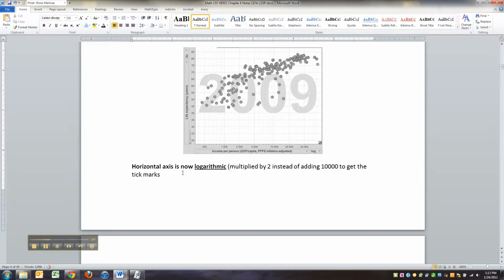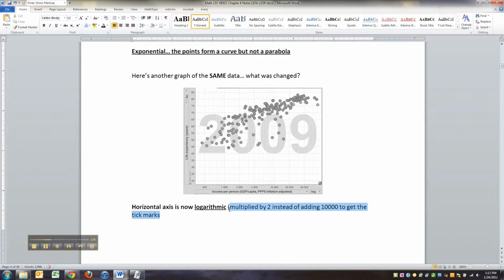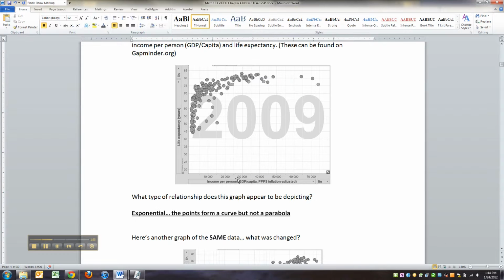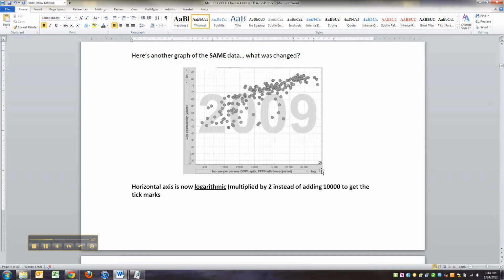There we go. All right, so we're multiplied by 2 to get the tick marks or the vertical axis lines rather than just adding 10,000, which is what this one is. Okay. You can also see it in the bottom right corner. Log in the bottom corner, which tells us this was logarithmic scale.